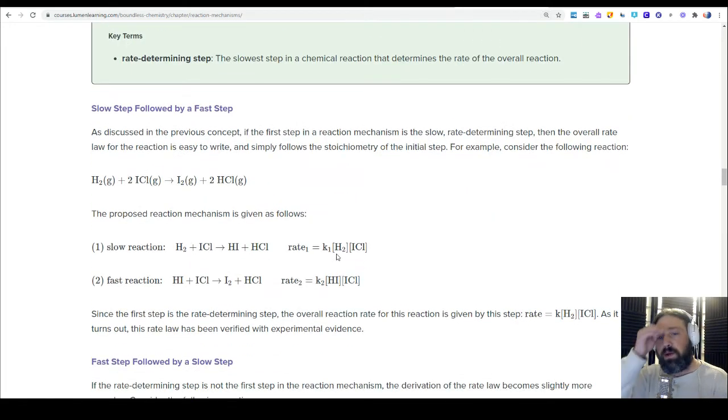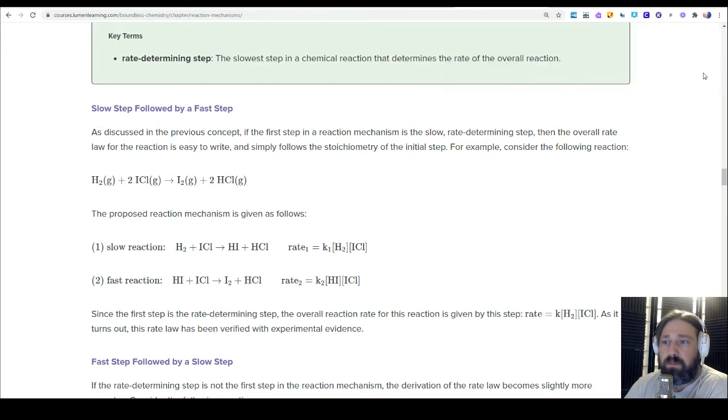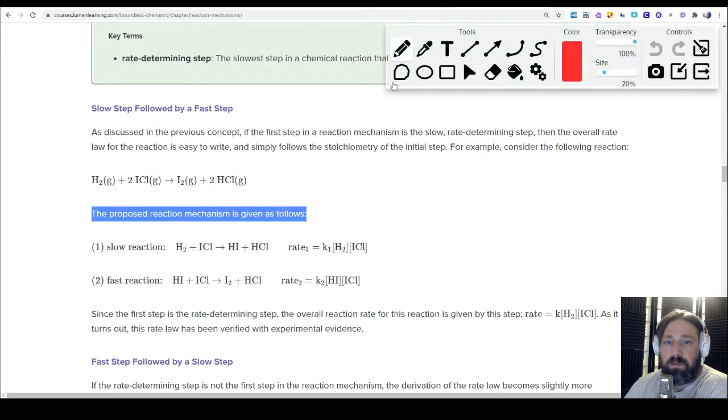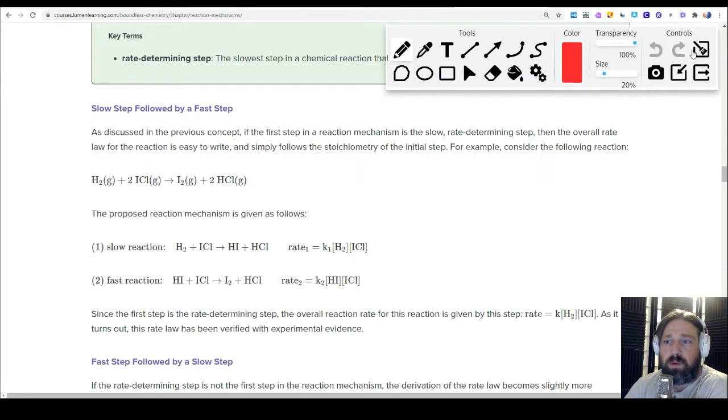All right, so we have this reaction, and we have a reaction mechanism here where the slow step is first. Okay. Now, when we have this, let's kind of just run through this real quick. Oh no, it won't let me do it.